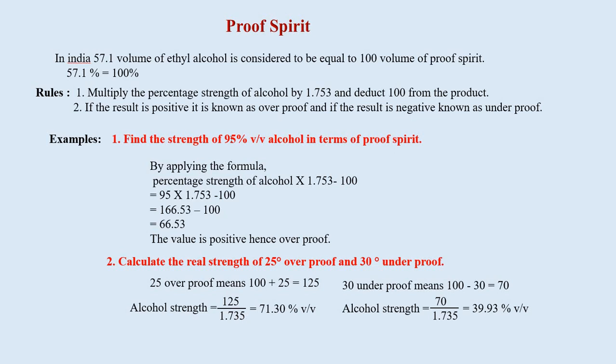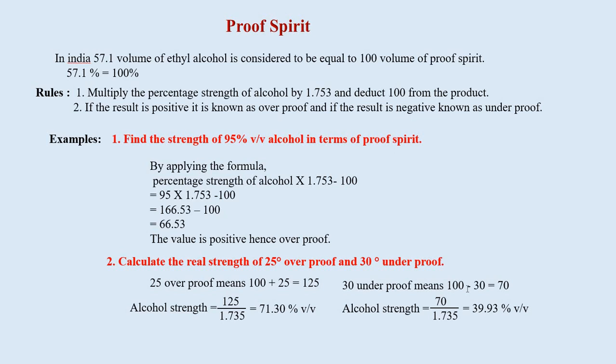While converting percentage strength into proof spirit you multiply with 1.753, but while calculating the exact strength you divide: 125 divided by 1.753, which is equal to 71.30%. This value is positive, so it comes under overproof.